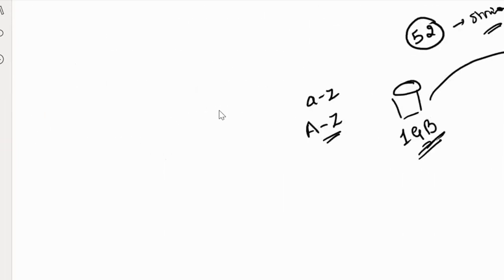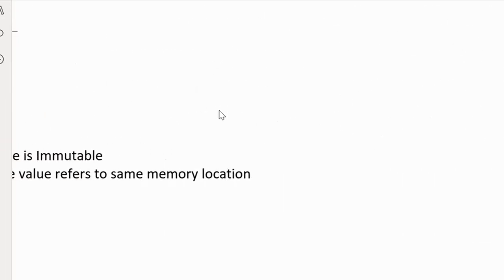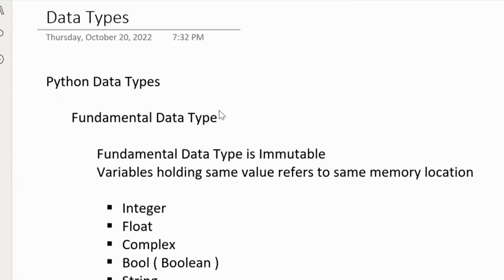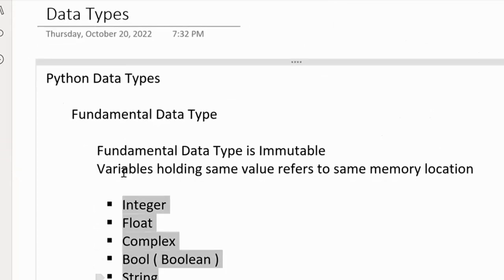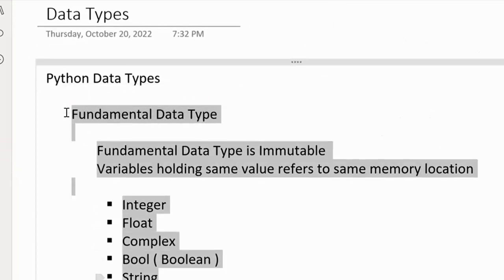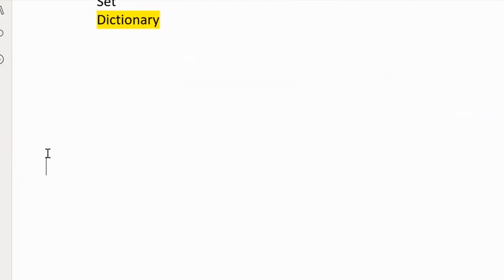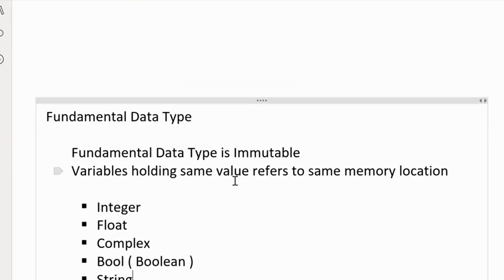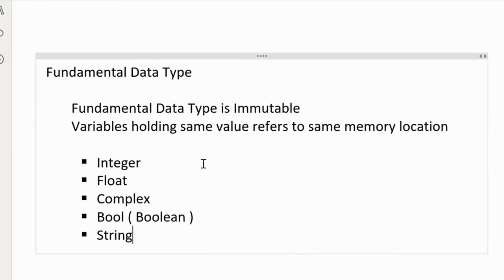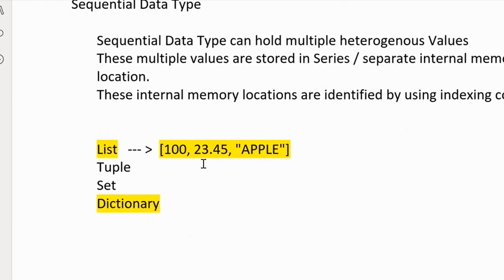Now let's go deep into our fundamental data types and see them in more detail. What is a sequential data type? We have already seen the sequential data type. Sequential data type holds multiple values. Just remember this, guys, the rest will follow.